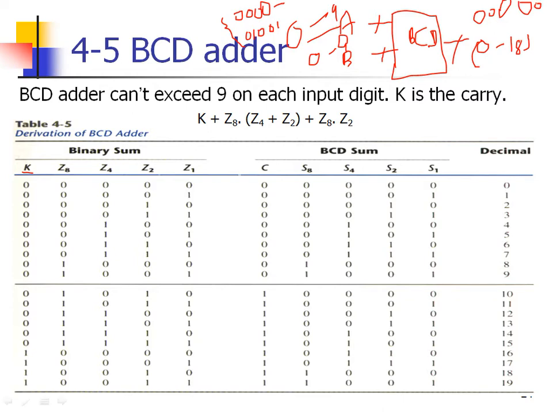Hence we are representing it in 5 bits, and this ranges up to a maximum of 10010. So this is the output of your BCD adder.